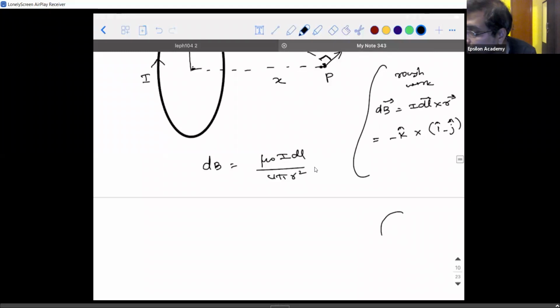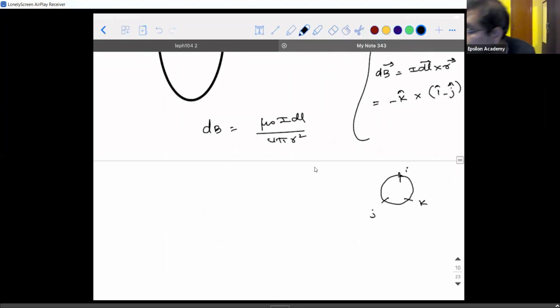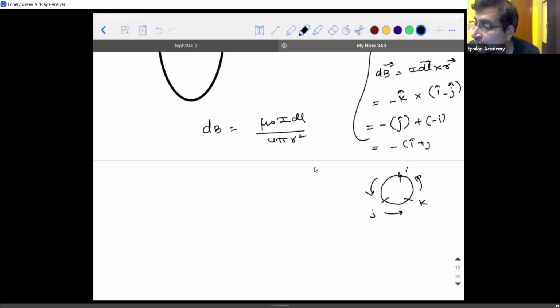You know the cycle, right? i, j, k. I hope you have gone through the cross product of vectors. So i cross j is k, j cross k is i, k cross i is j. So minus of k cross i is j? Minus of minus is plus. What is k cross j? It is minus i. So minus of i cap plus j cap, or minus i cap minus j cap.